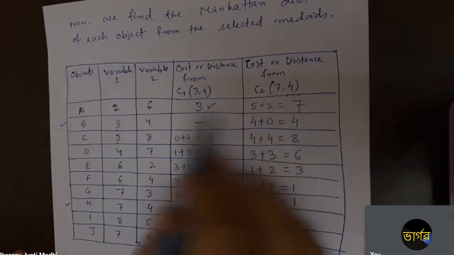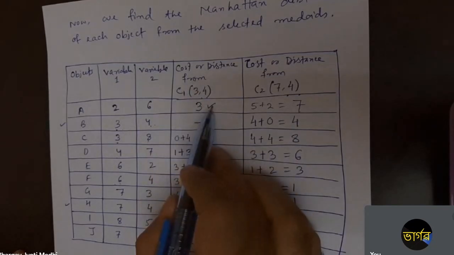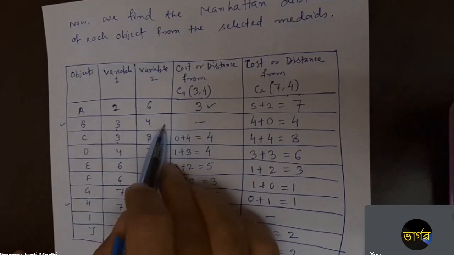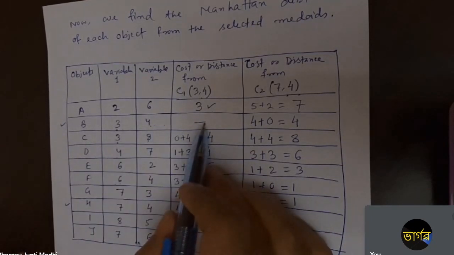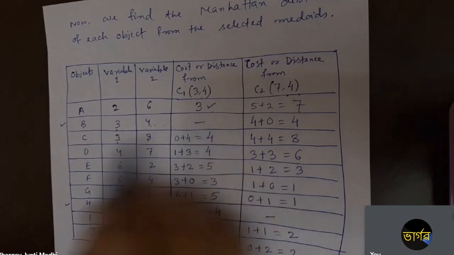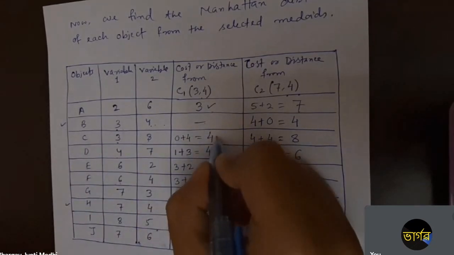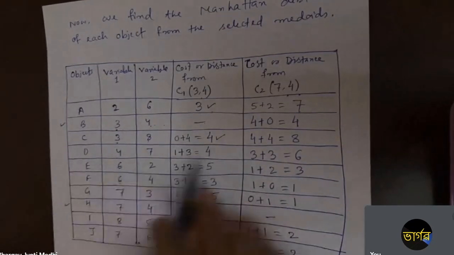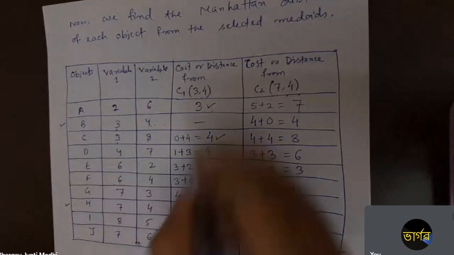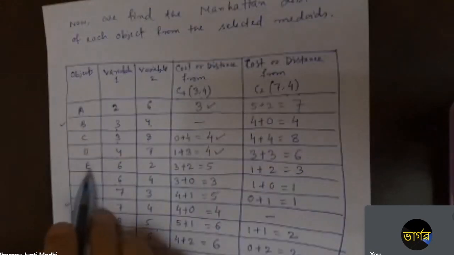Okay, B point, cluster 1 ৰ distance 0, already cluster 1 ত আছে গতিকে একো কৰিব নালাগে. C point, so 4 and 8, this is less, so it will enter cluster 1. D point, 4 and 6, this is lesser, so it will enter cluster 1. E point, 5 and 3, it will enter where?